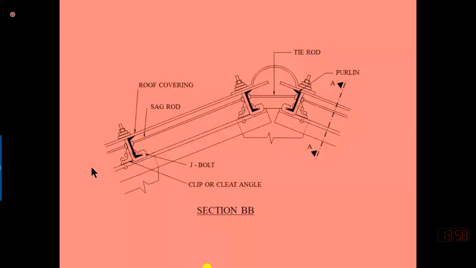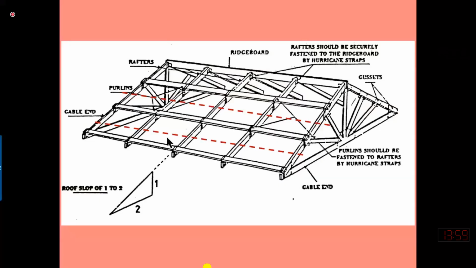In the previous slide, you can assume that this is one truss and this is the second truss, and these additional members are the sag rods. So we have used 1, 2, 3 sag rods to break up the total length of the purlin. These sag rods are also connected with the top chord and also the bottom member.